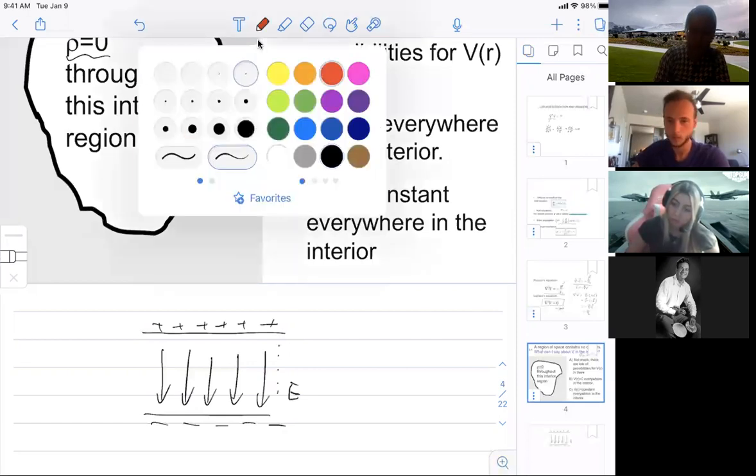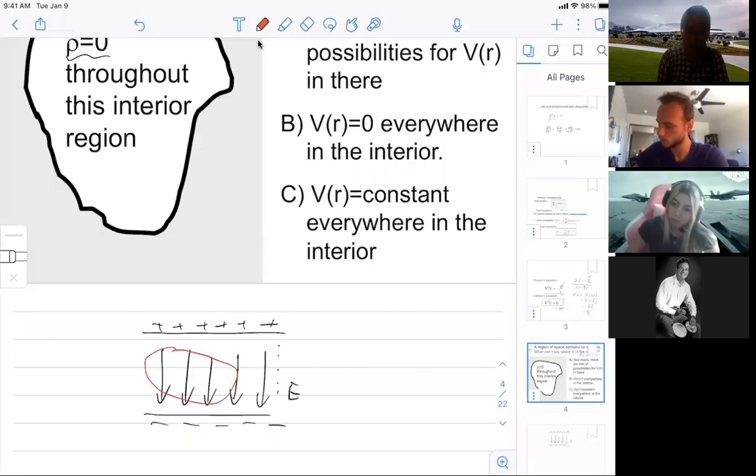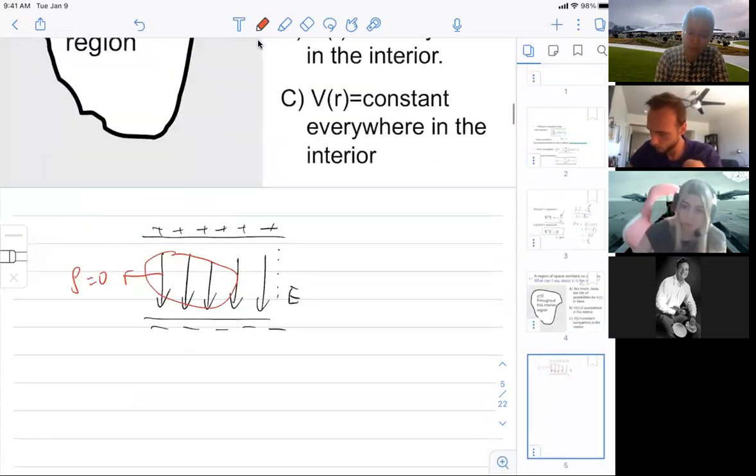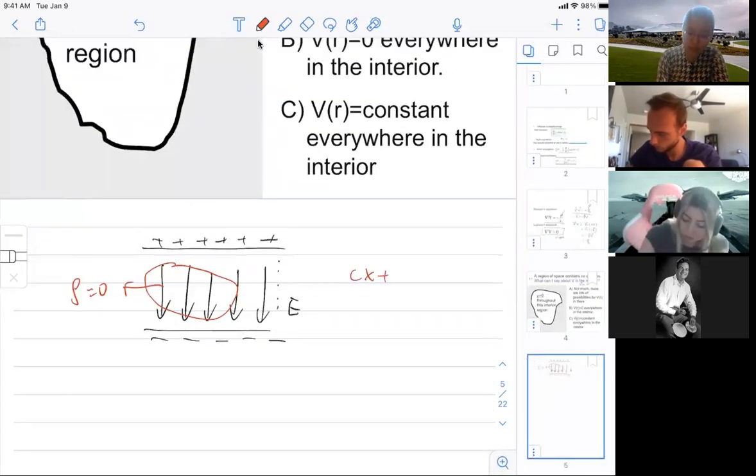Now I can always select a random region in between and say, looking at this region, it doesn't enclose any charge. You're right, it doesn't enclose any charge. But the potential is not 0. In fact, it's not even a constant. It's a function of the form Cx plus D, linearly increasing with your distance from the bottom plate.